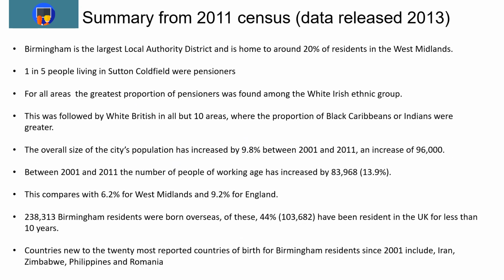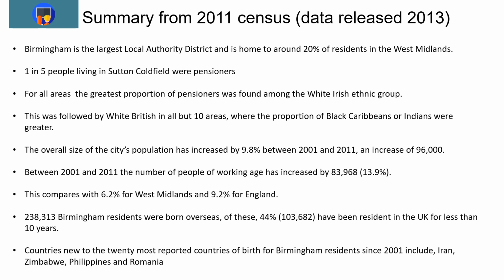This slide shows a summary of information about Birmingham's population using the 2011 census. It showed that Birmingham is the largest local authority district and is home to around 20% of the residents in the West Midlands. It showed that 1 in 5 people living in Sutton Coldfield were pensioners.